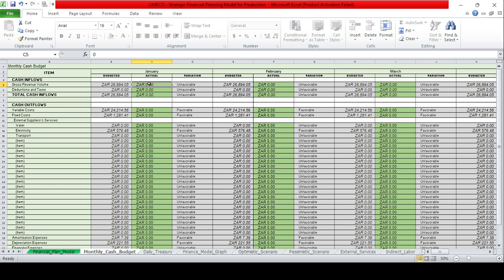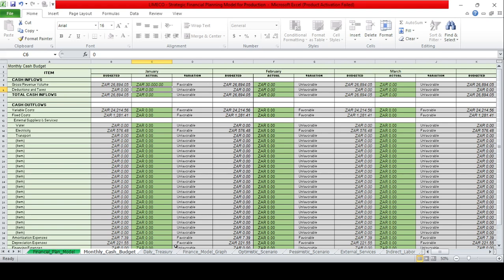But if we insert, for example, 30,000 rand, it's favorable because the gross revenue volume is above the gross revenue budgeted.